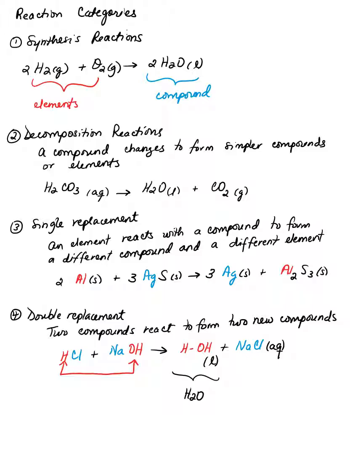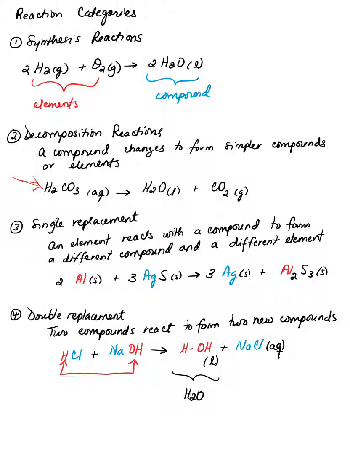In that specific example that we have in number 2, the formation of carbon dioxide will be noticeable because you will be able to see bubbles forming in the container.